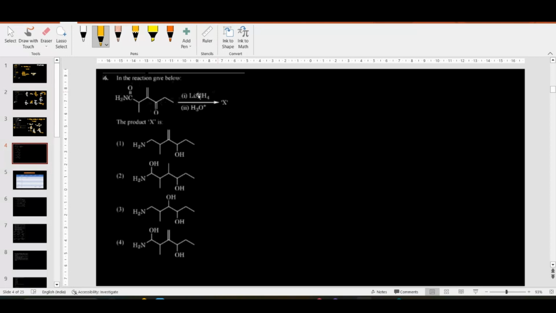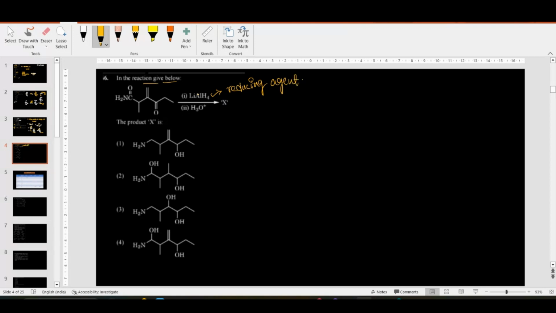This is also a simple question, right? In the reaction given below, they have given this LiAlH4. As we know, this is a reducing agent, right?